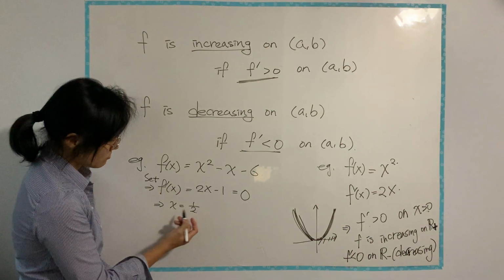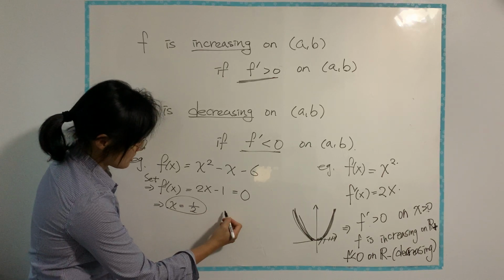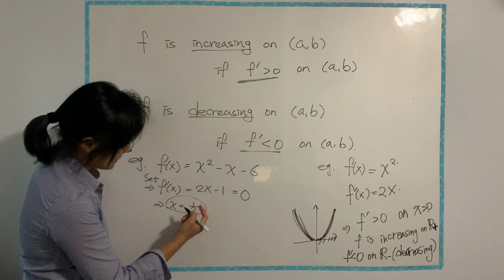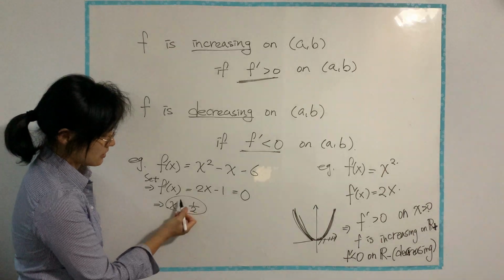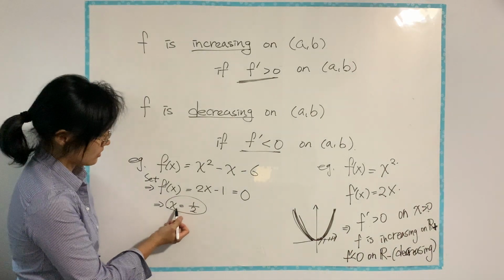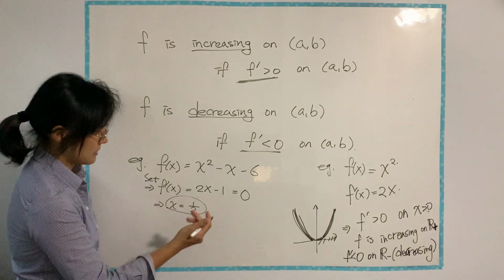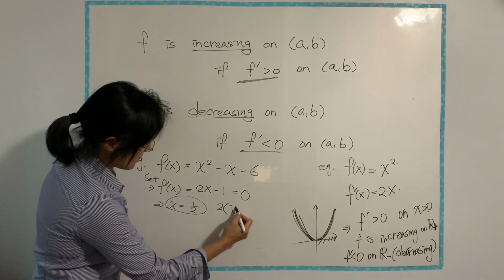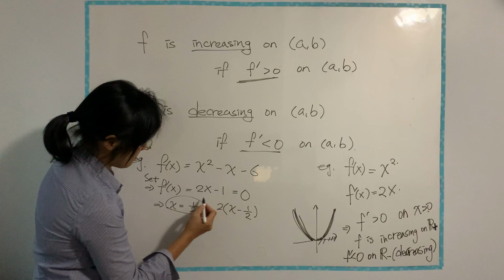Okay, so what do I want to do here? Basically what I want to do is see what happens when x is greater than this critical point, and what happens when x is smaller than this critical point, because now I know that this is 2 times x minus a half, right? This is my f prime.